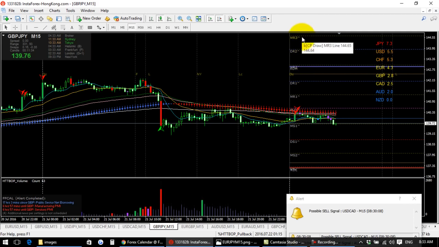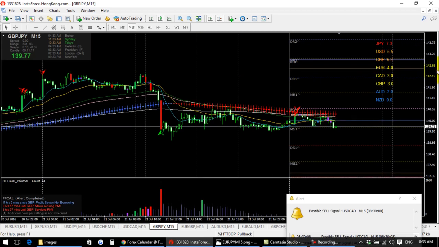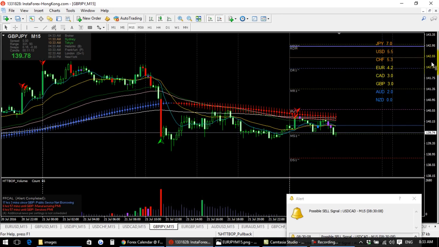Going up top there, that's a monthly resistance 3, a daily resistance 2. What's that one? That's the recent daily high up there, and it's also confluencing with another one, a monthly resistance 2. But that blue one up there for the recent daily high is a very strong level.